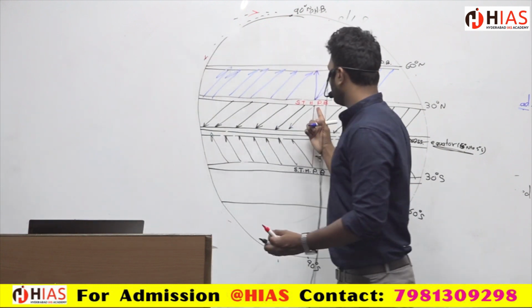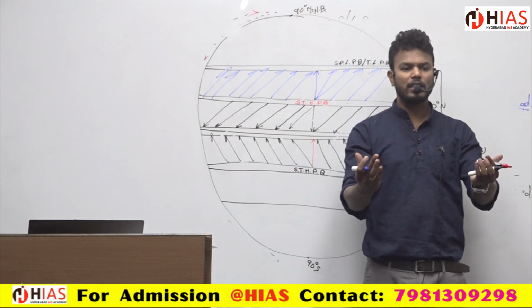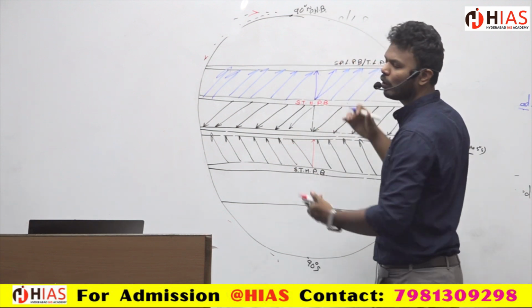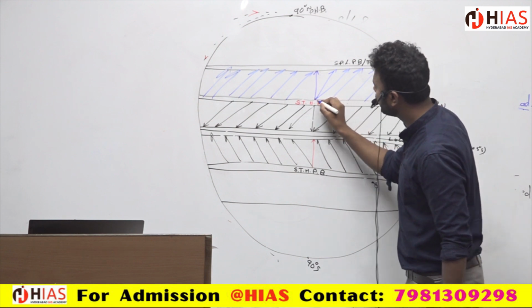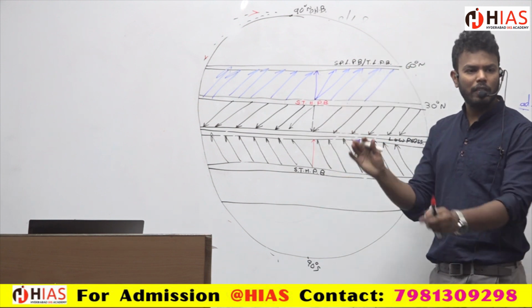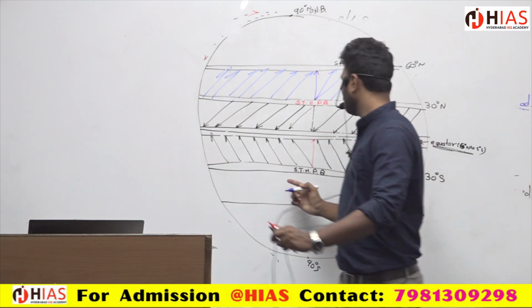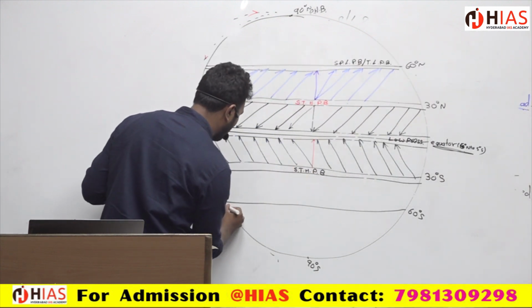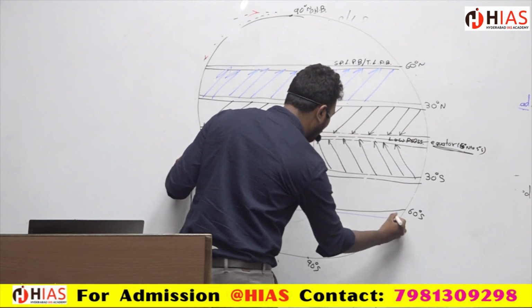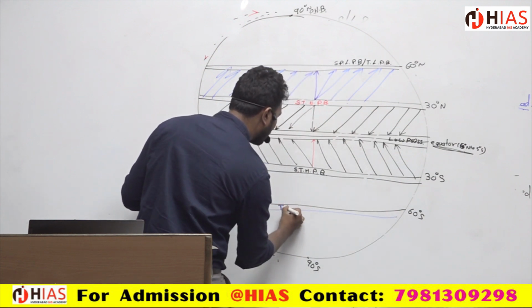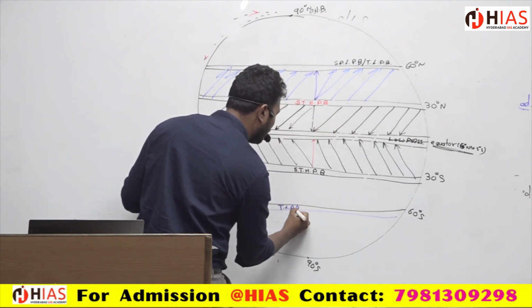See, for this, I am facing in this direction, and for this, I am facing towards the board direction. Because you have to see the starting point, you have to make yourself present at the starting point. And next, similarly, this is the subtropic high pressure belt, and this is going to be what? Temperate low pressure belt.